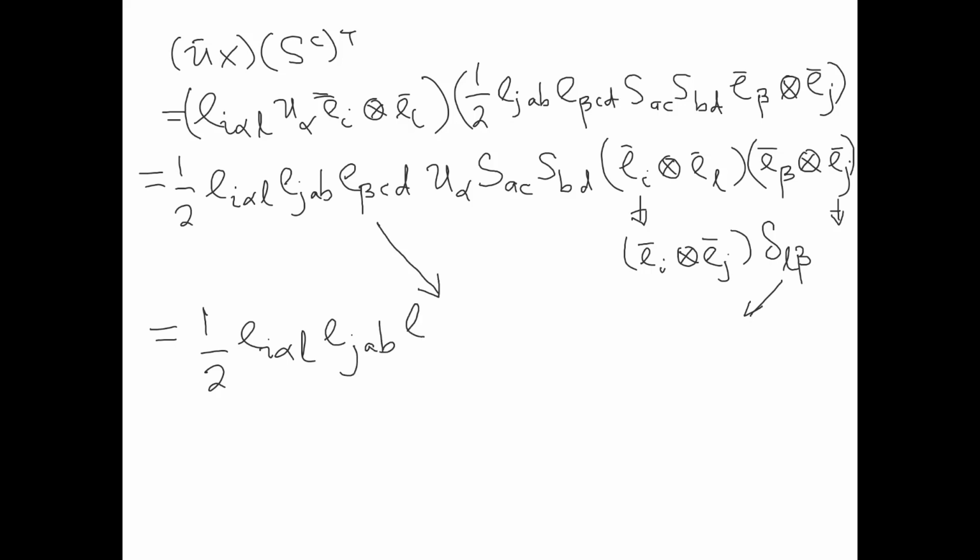So instead of having beta here now, it becomes lcd, u_α, S_ac, S_bd, e_i, e_j. And the Kronecker delta symbol goes off.